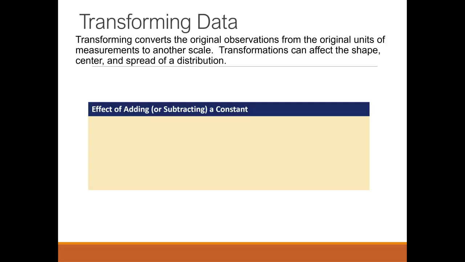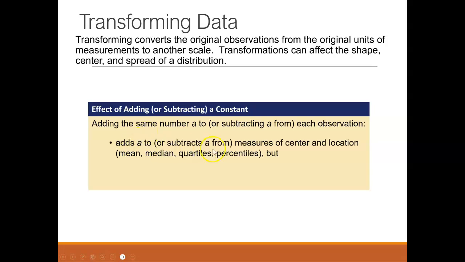Right? Let's say we're making a temperature conversion where we measured everything in Celsius, but oops, we actually want to give our data in kelvins. The conversion from Celsius to Kelvin is just adding 273. So what will that do to all of my measurements if I add 273? Well, it's going to change the center, our statistics for center by that same amount. So my mean would increase by 273.